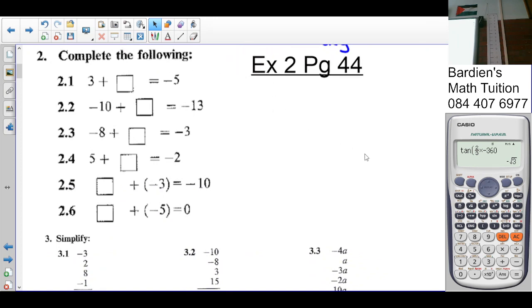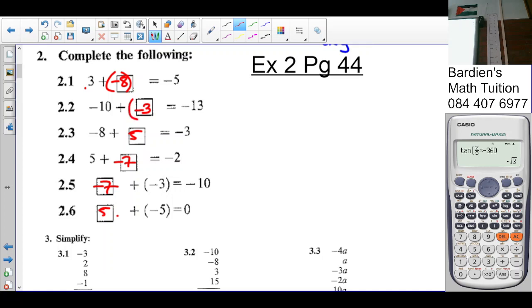2.1. What's this answer here? Negative 8. Then? Negative 3. The next one? 5. Then? Negative 7. Then? Negative, positive. And we can check if we are correct. Okay? 3 minus 8 is negative 5.